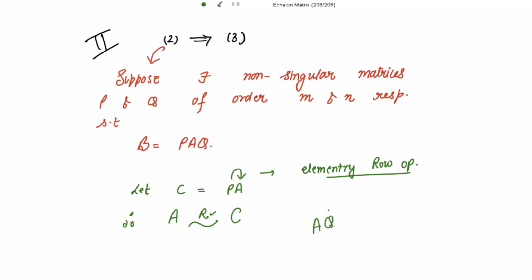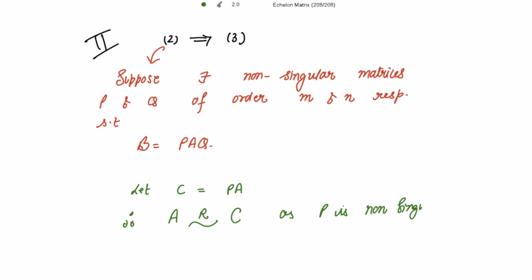Similarly, post-multiplication of an elementary matrix corresponds to the elementary column operations. So C equal to PA. Therefore, A is row equivalent to C. Reason, as P is a non-singular matrix. This is your result also. Please take this as your remark also.